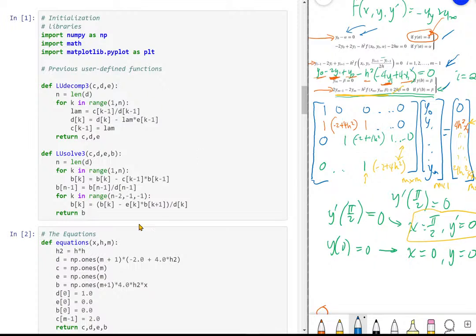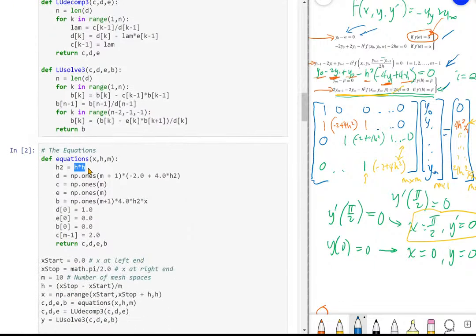If you notice here, this one is the expression of all the diagonal, the one in the diagonal, which is negative 2 plus 4h squared. So h2 is h times h, so that's h squared. So this is the d, except that the first one is 1. You notice the first in the diagonal is 1, so that's the 1 here.